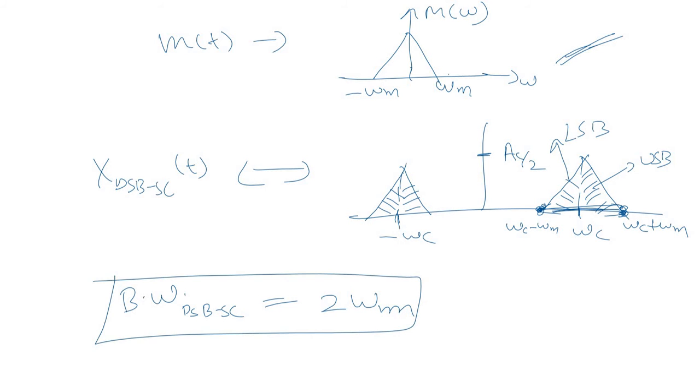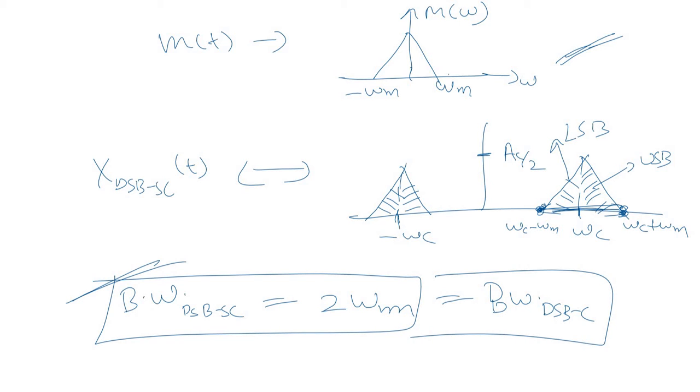So this is the bandwidth of the DSB-SC signal, which is exactly the same as the bandwidth requirement of the DSB-C type of signal. There is no change in the bandwidth of the conventional amplitude modulated signal and the DSB-SC modulated signal. The difference lies in the transmission efficiency, right? Because in DSB-C, that we'll see further.